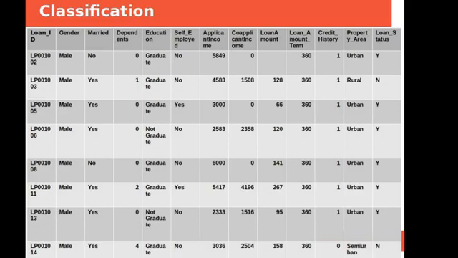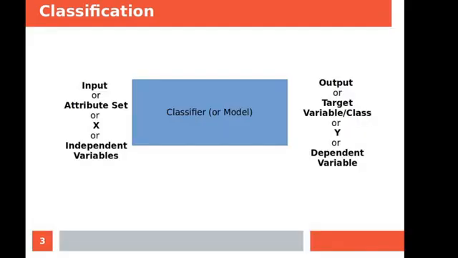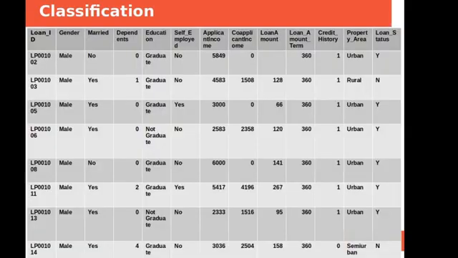As I said, you might or might not need all of the attributes, but you should be able to identify your target variable, and it should not be included in your independent variable set or X set. So your target variable will be, in this case, the loan status, and the attribute set will be the other attributes that you have used to pass through your classifier model.